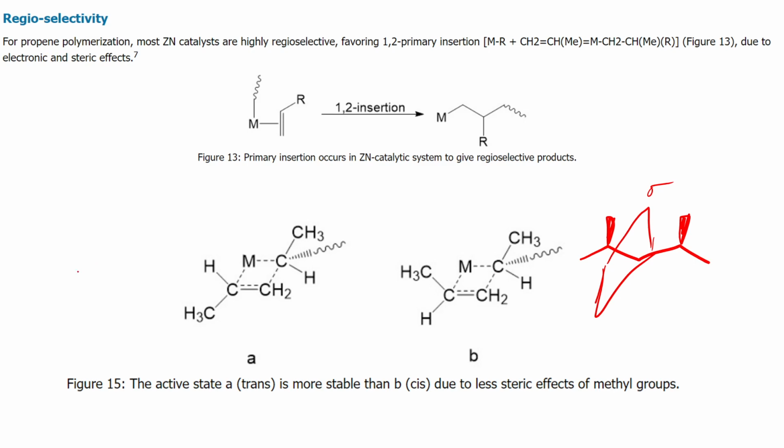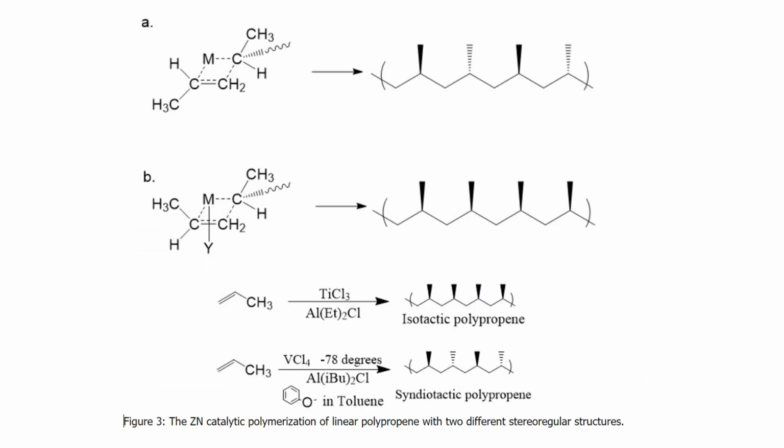And for this kind of case, you should expect formation of the polymer where the methyls are in this kind of way. So there you can say they are kind of racemic. So they are actually racemic diads. So that's the difference between these two transition states, and that would lead to this kind of racemic diad or meso diad. Now, that is what is shown here like this.